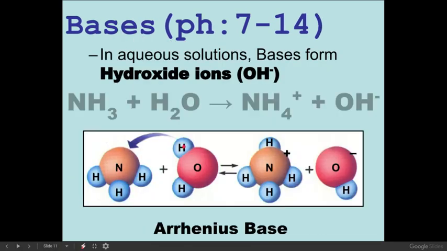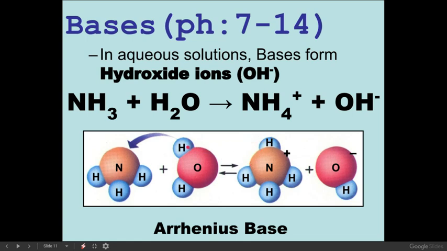All right, so in aqueous solutions, bases form hydroxide ions. The hydroxide ions are going to be OH negative. We see here that this is going to be NH3. We mix that with water, and what happens is this hydrogen ion is going to be placed onto the NH3 on the other side of the arrow, on the right side, which is the product side.